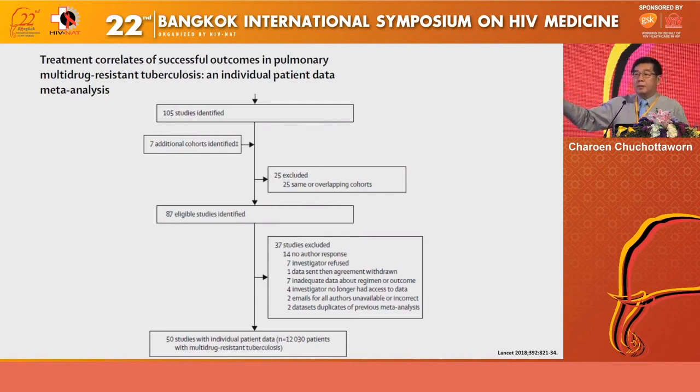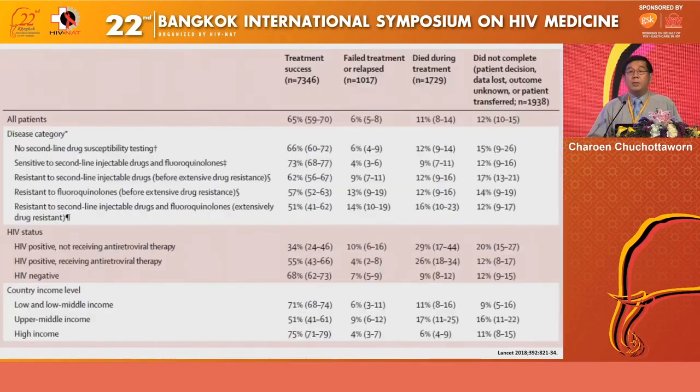In 2018, this paper was published in the Lancet, covering 12,000 MDR-TB patients, and they collected the individual patient data and analyzed it. The WHO in 2018 used this publication to reclassify the anti-TB drugs, including the new anti-TB drugs.